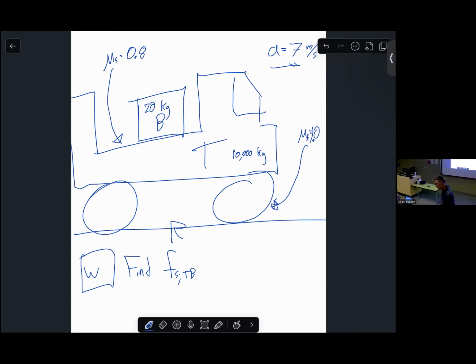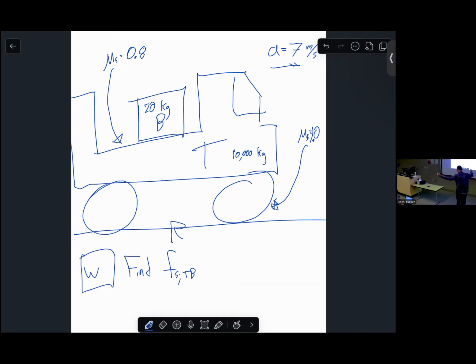Exactly. Static friction is the net force. Is there anything pushing leftward on this? No, there's nothing else touching it. Earth acts down. So what can you conclude about the relationship between net force and friction force? So static is 140.